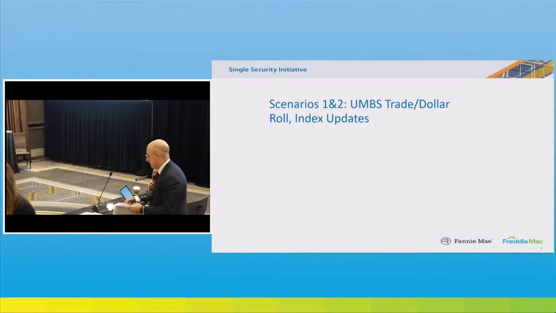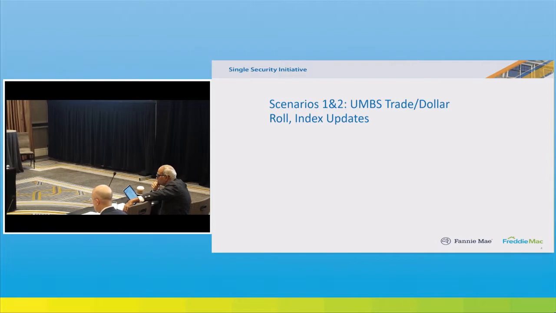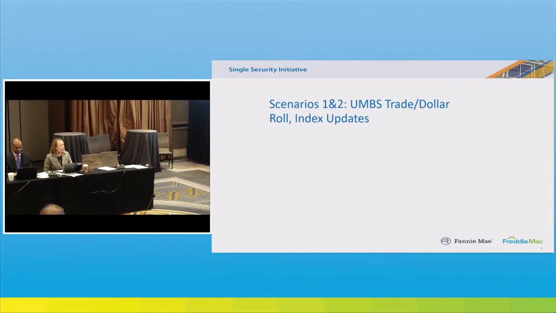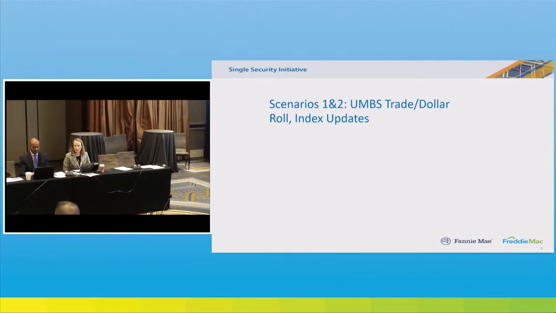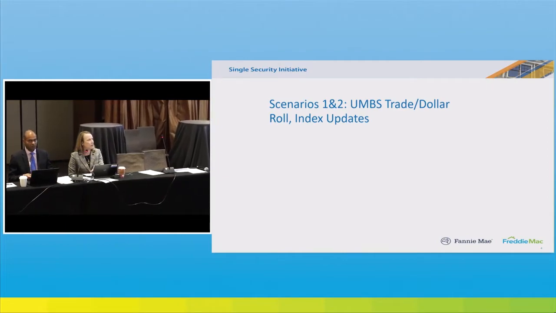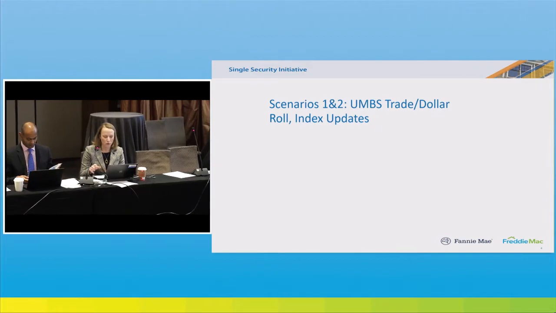Okay, so just from the Fannie perspective, I think, as Mark mentioned, it's a little bit more straightforward than probably the gold transition. I know on page 5 we did lay out, and I think a lot of you have seen this before, where we have trades over the transition for UMBS.